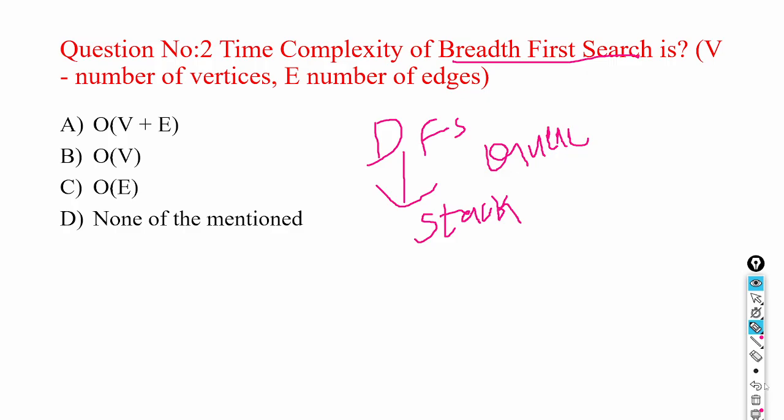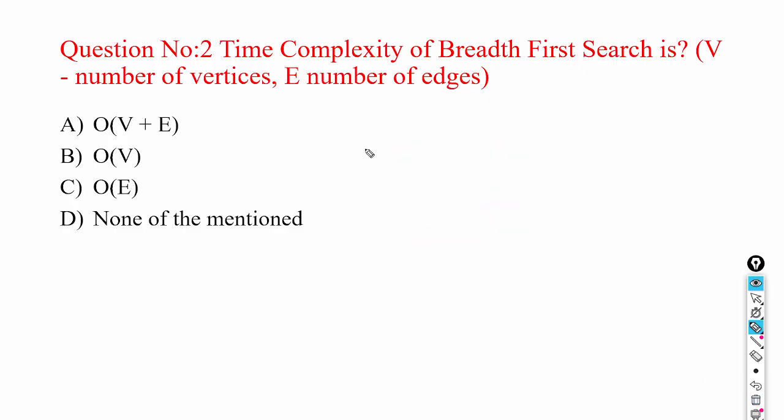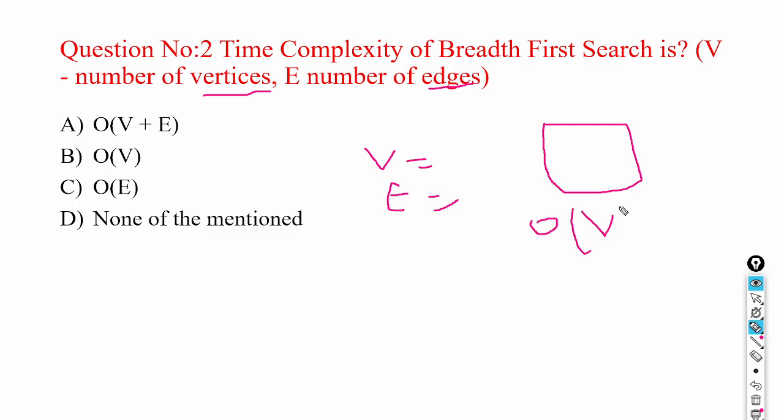So here is the complexity analysis. V is vertices and E is edges. During BFS, we need to visit each and every vertex once. That we call order of V. And each edge is explored once.